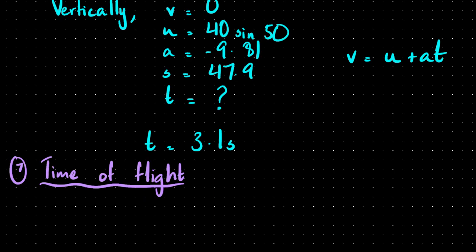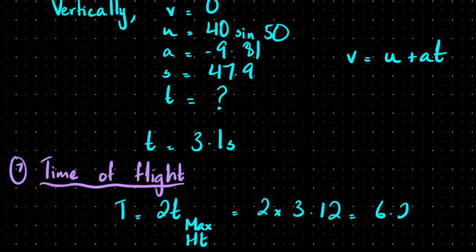So this total time of flight would basically be twice the time for the maximum height. So that would be 2 times 3.124, so 3.12. So this would turn out to be 6.24, so 6.2 seconds, correct to 2 SF.